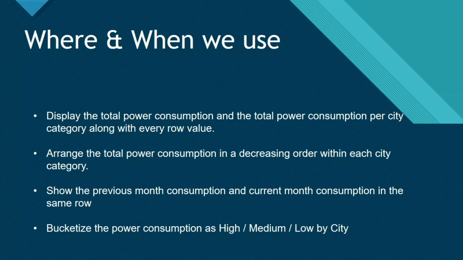In that case, your group by function will not be very handy. You have to use your window function. And the third one is you have been asked to show the previous month consumption and current month consumption in the same row. You cannot make use of group by function to come up with this requirement.